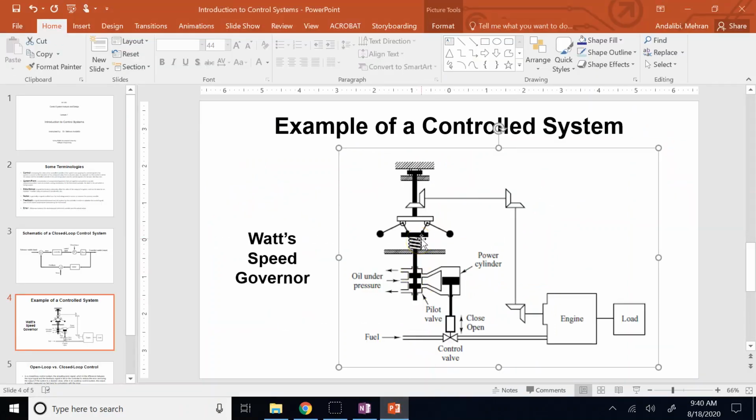So the mechanism is basically increasing the moment of inertia of this object, which is a weight and two pendulums attached to it, due to the centrifugal force. We can talk about it later when we get to the modeling of mechanical systems, and that results from RPM.